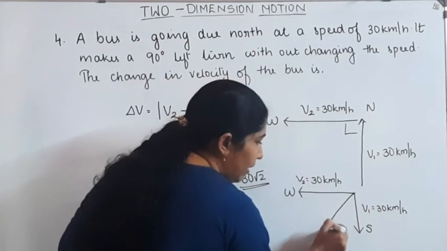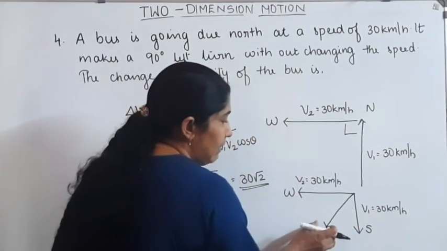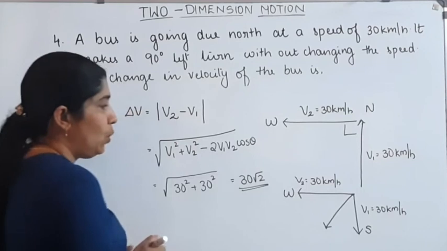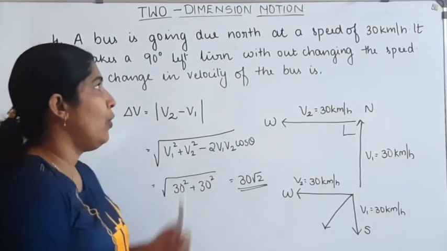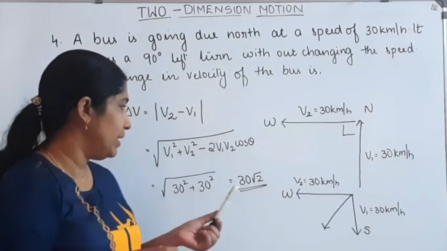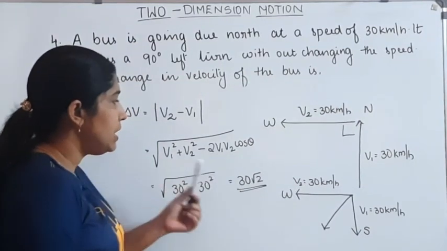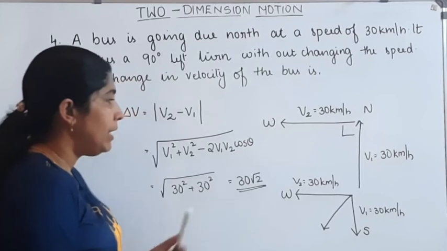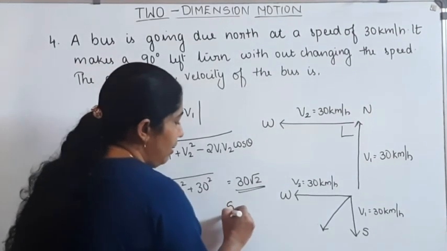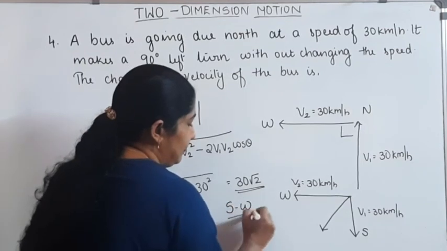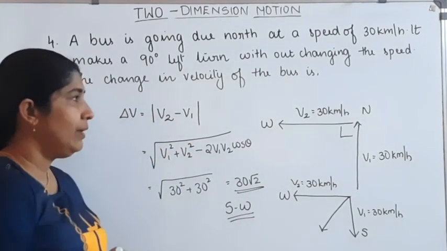According to the parallelogram law, it is in the southwest direction. Southwest direction is the direction of change in velocity of the bus. The change in velocity is equal to 30 root 2, but it is in the southwest direction.